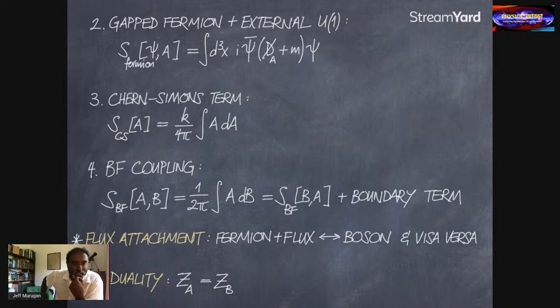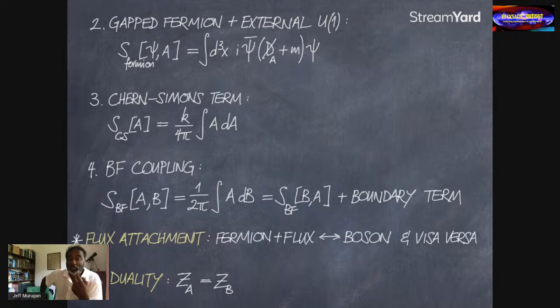Then I'm going to need a Chern-Simons term, and the Chern-Simons term is a term that only occurs in odd dimensional spacetimes, and it's the integral of what's called a Chern-Simons form. A Chern-Simons form is a 3-form, which goes like A wedge dA. Now, there's some notational abuse here, and I'm dropping all the wedge products.